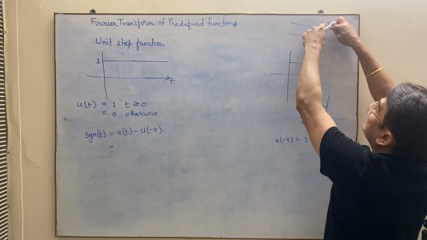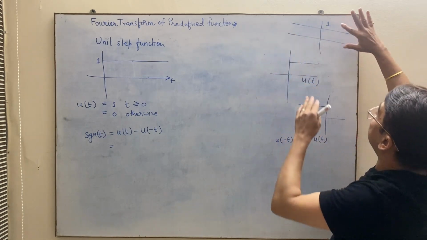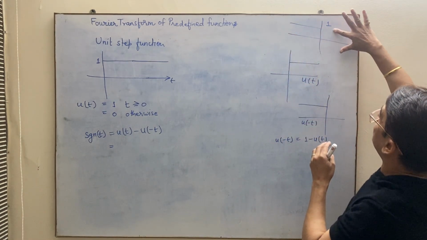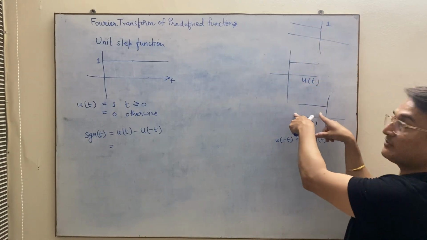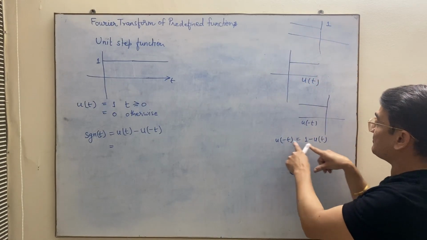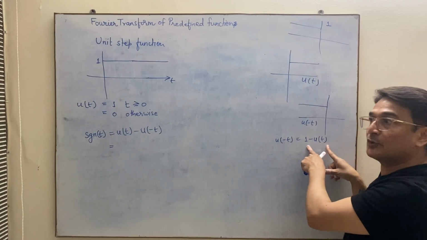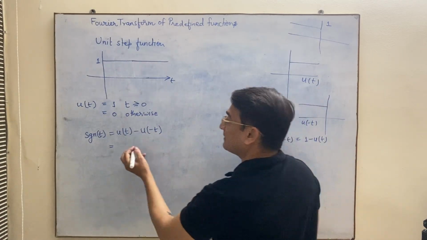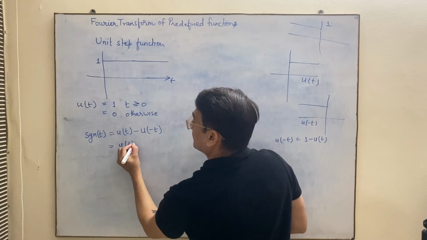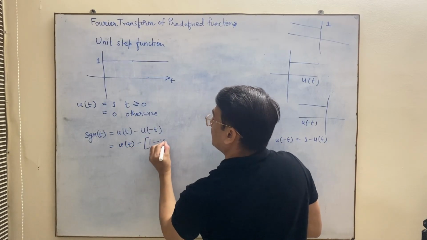In the signum formula, instead of u(minus t), I can write 1 minus u(t).